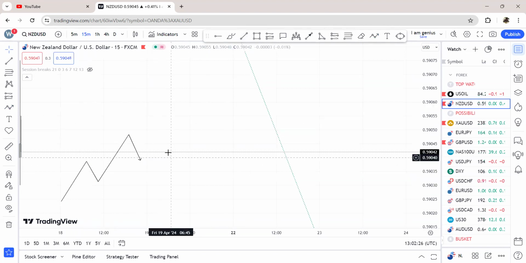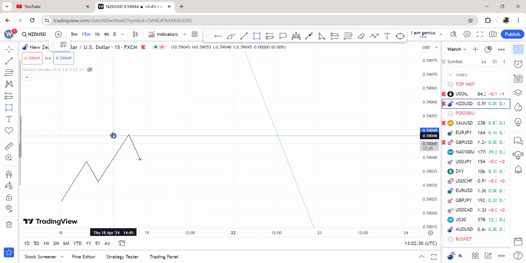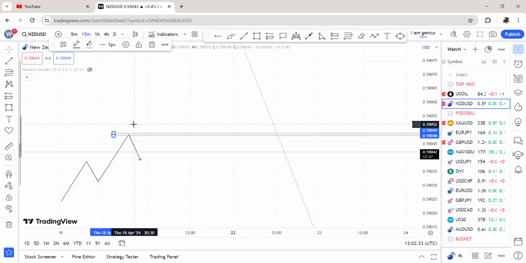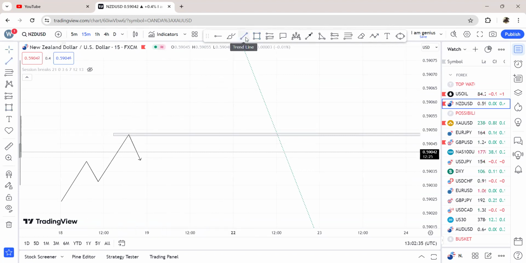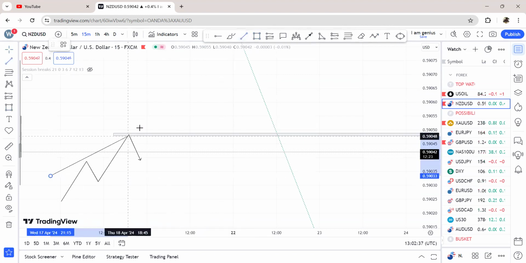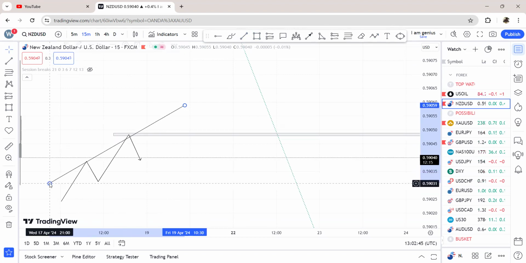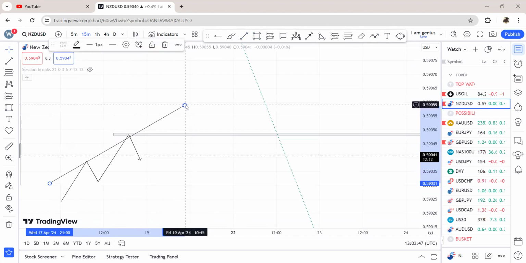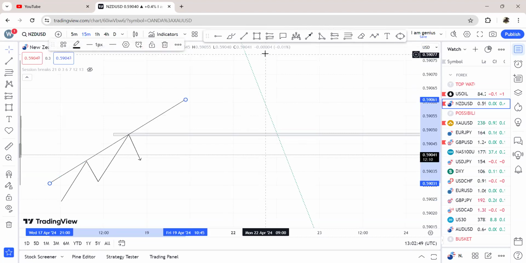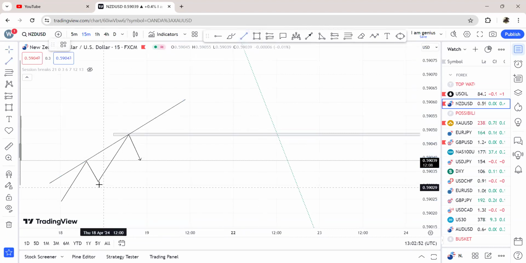What I'm going to do is mark out this new high it has formed, and then I'll have my trend line channels already set.